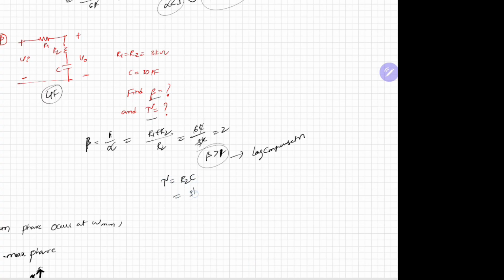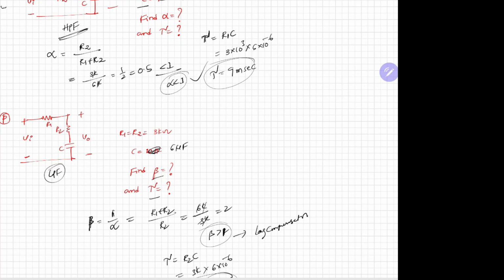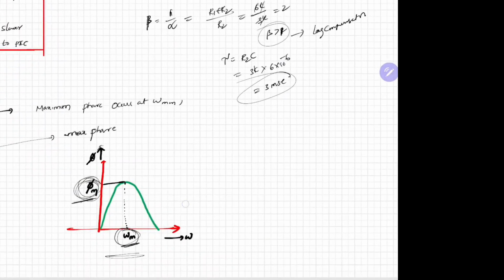That R2 value is also 3k, into that capacitor, 6 microfarad, and 6 into 10 power minus 6, so 3 milliseconds. This is how you need to find out these questions. They can ask you this way by giving this circuit. They'll ask you to find out alpha and beta and tau as well.